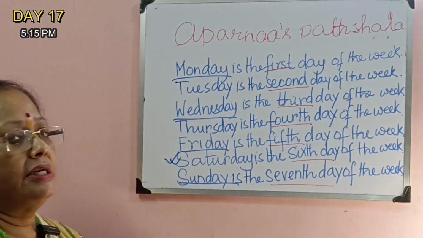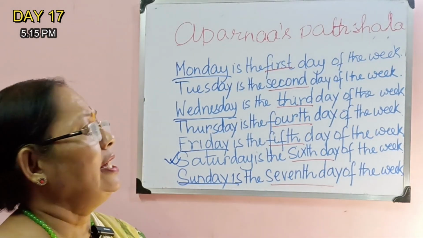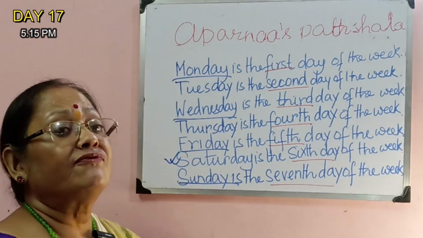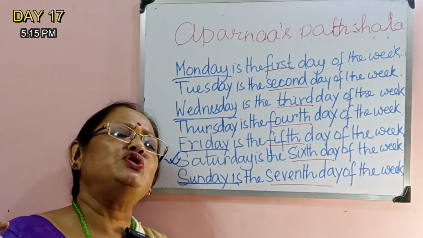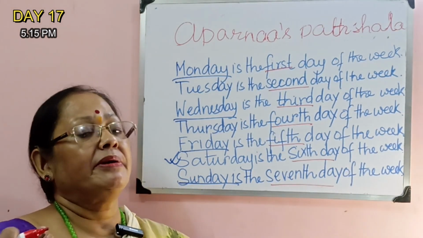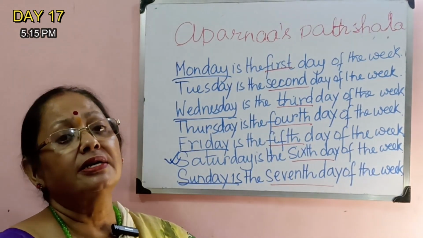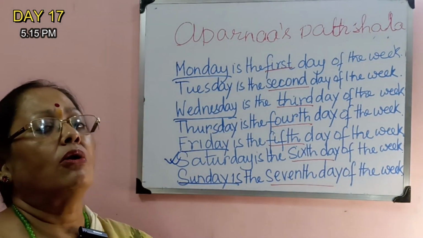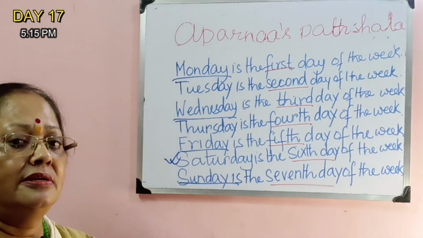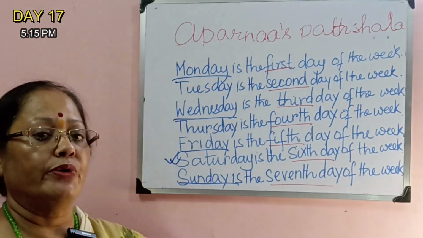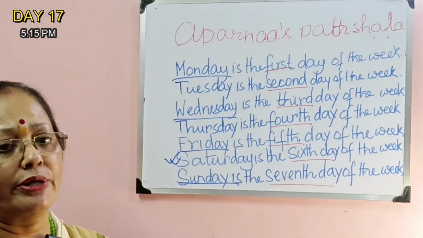So, this is all for today. If I do the ordinal numbers of the months of the year, it will become too long. So, I am keeping it for the next day. Next day, we will be doing the ordinal numbers on the months of the year. That is also a very interesting one, and you will love to do it.